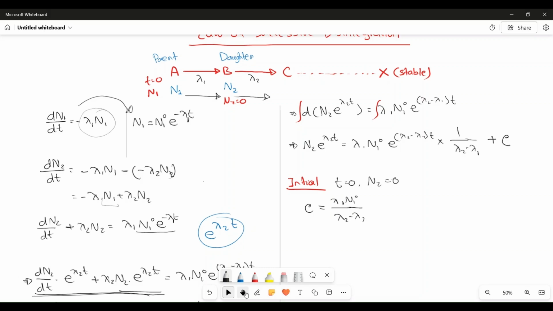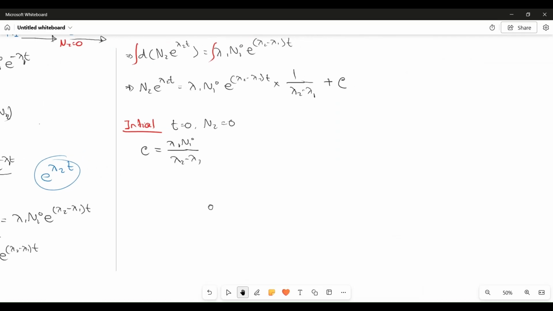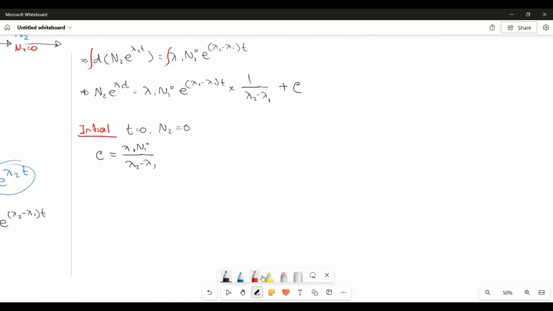So we can put this C in the actual equation here, because this is equation 1. So from 1 we can get N2 e to the power lambda 2 t equals... okay, I think we made a mistake.